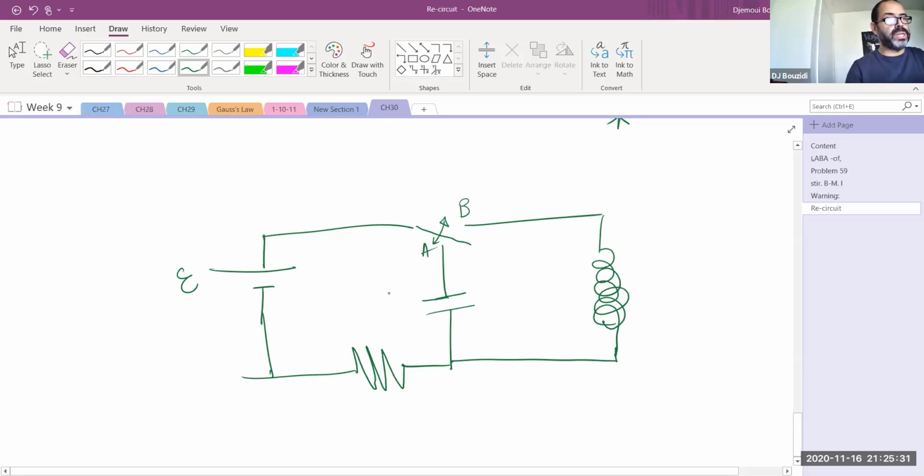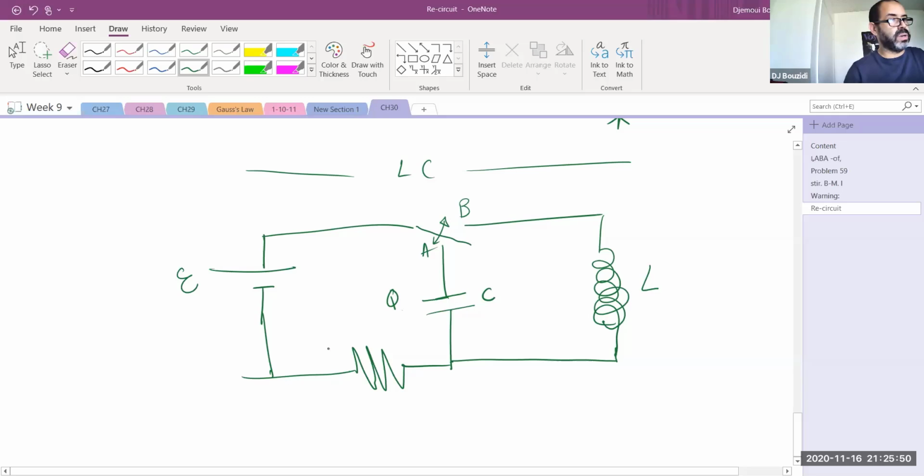There will be a charge Q accumulating on this capacitor C. By the way, we're doing the LC circuit now, and this is an inductor. So there is a charge that has built up after a long, long time.